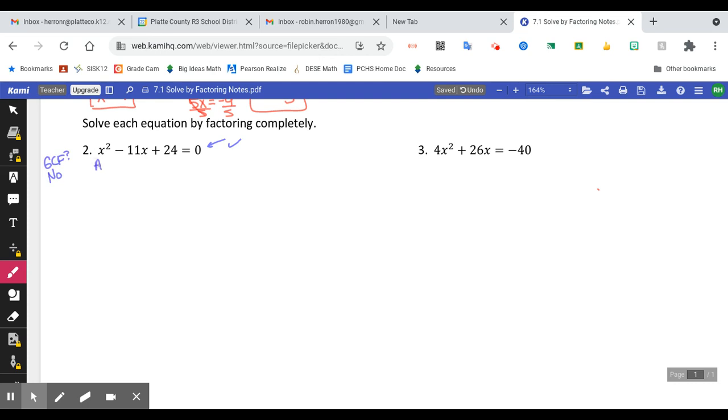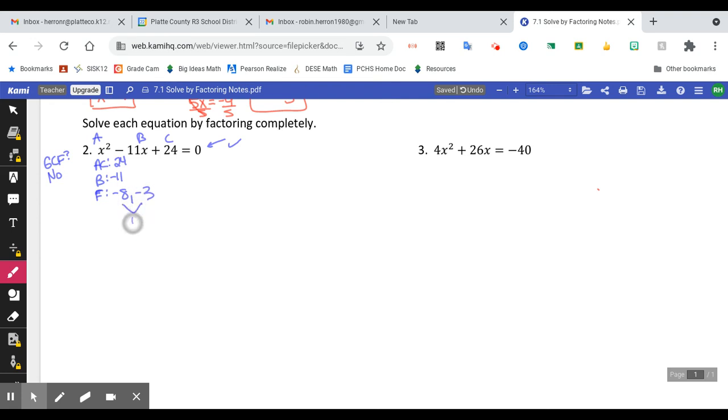So we start with our A, C, B, and F. Okay? So on this part, we've got A, B, and C, just like last week. This gives us 24, -11, and the product of 24 with a sum of -11 would be -8 and -3.